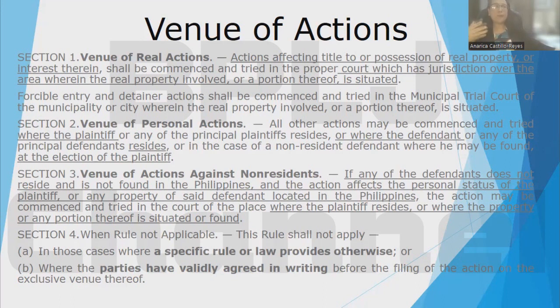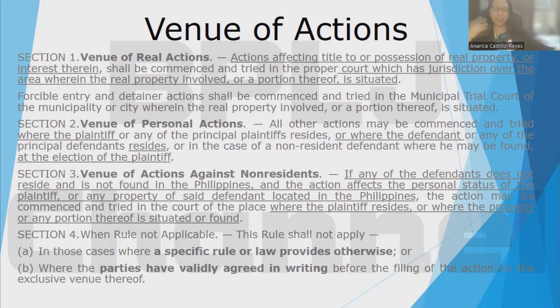So if the plaintiff is a resident of Cabanatuan City, then he can file the action for collection of sum of money in the RTC of Cabanatuan City. But all the RTCs in the entire Philippines have jurisdiction over the said action, considering that the amount being collected exceeds 2 million pesos.